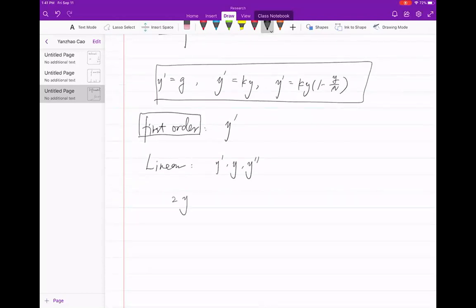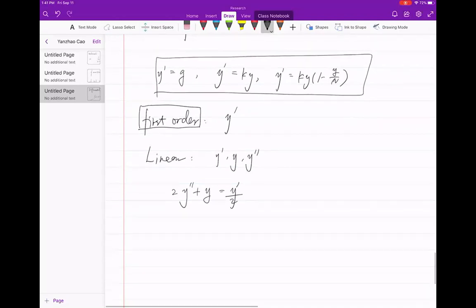That is, you have 2 times, you have plus, and maybe you have y prime divided by 2. That's fine. But you will never have something like y prime squared, sine y prime over y prime prime. You will never have something like that. In those kinds of cases, it's not linear.